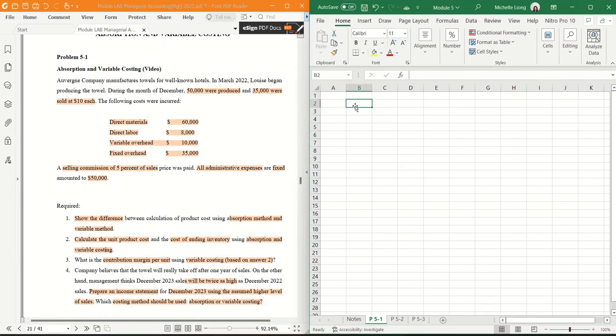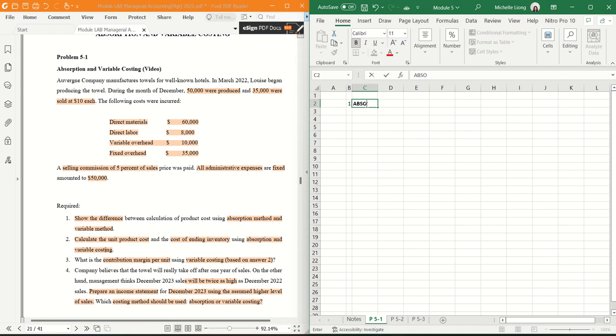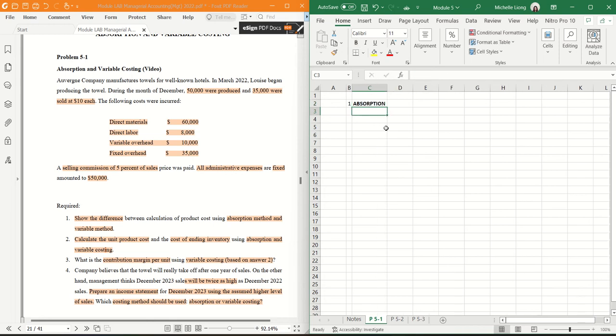So the first one to start off, we need to find the difference of product costing using absorption and also variable method. Okay, so the first one is we're going with absorption. Remember that we have the product cost and the variable period cost.